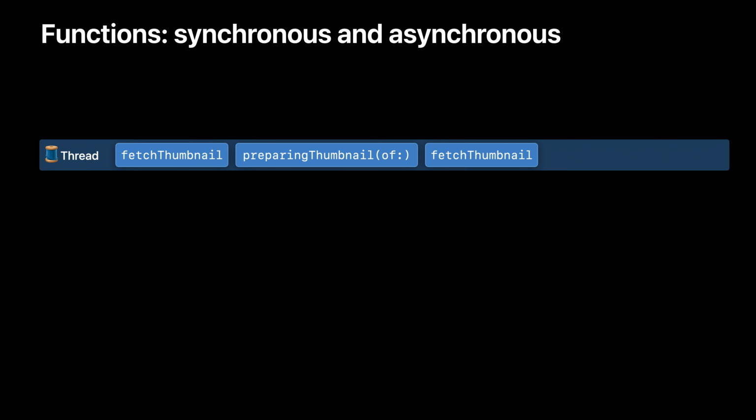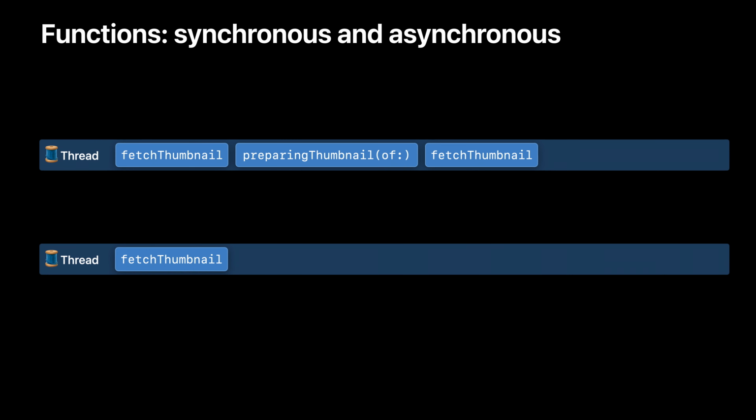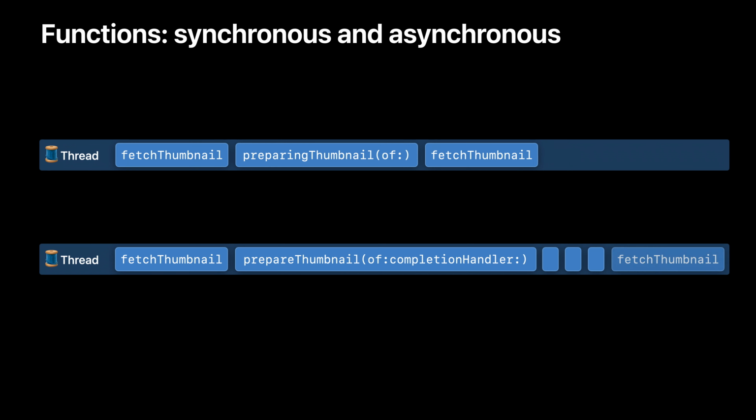So if your fetchThumbnail function calls preparingThumbnail, the synchronous function UIKit provides, until it finishes, your thread can't do anything else. In contrast, if you call prepareThumbnail with a completion handler, the asynchronous version of that function, while it runs, your thread is free to do other work. When it's done, it will notify you by calling its completion handler.